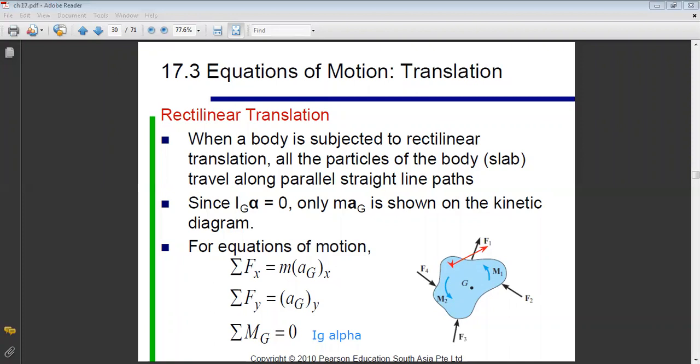So in case of translation, if I choose a point different than G, then sum of moment about the point is equal to moment of vector MAG about this point. I don't have alpha, so it's only moment of vector MAG about this point. And the two additional equations for translation are sum of Fx equals MAGX and sum of Fy equals MAGY.